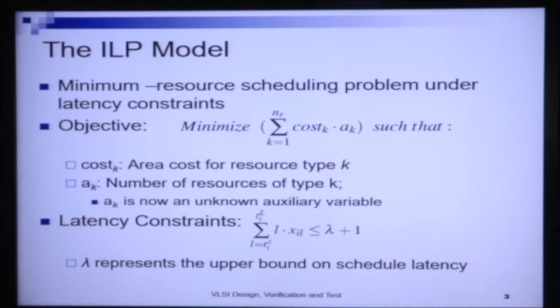Minimize the sum over k equals 1 to nr of cost k times ak. What does this mean? Here cost k is the area cost for a resource of type k, and ak denotes the number of resources of type k. What do we want to minimize here?